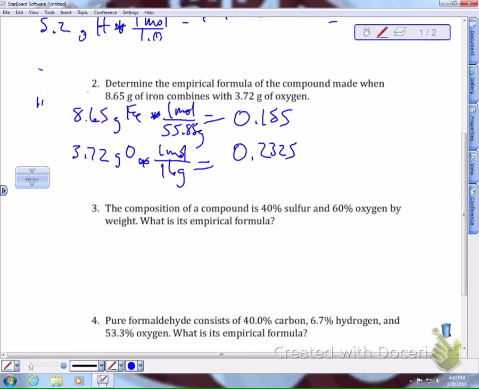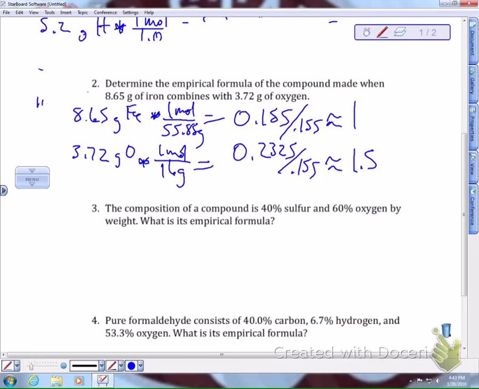So I'm going to divide by the smallest, which is 0.155. Alright, the top one's 1. That's easy. Now let's go to the calculator to simplify the other one. Divide by 0.155. This one came out to be 1.5.